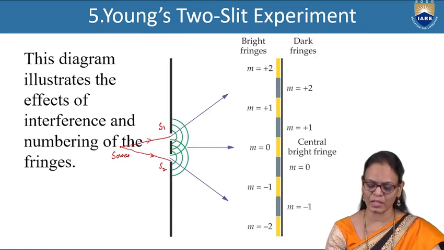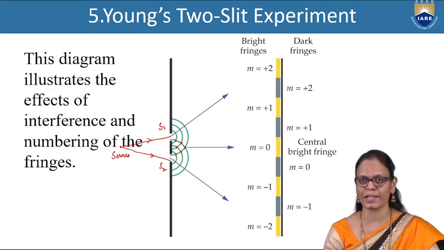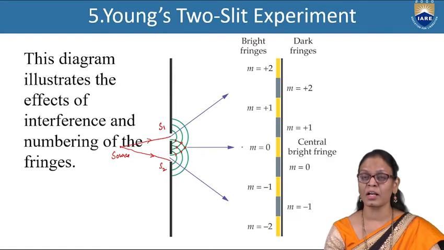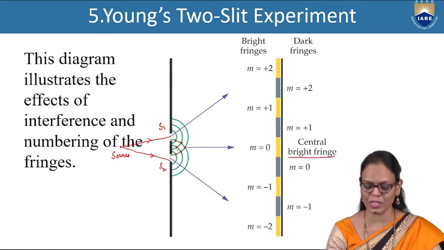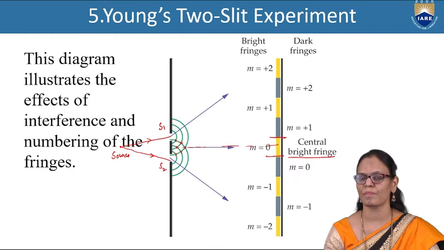So you see here one wave coinciding with the other, superimposing on the other. Depending upon the superimposition, if a crest falls on a crest, we have a bright fringe. At the center, because the crest falls on the crest, the central fringe is always a bright fringe.